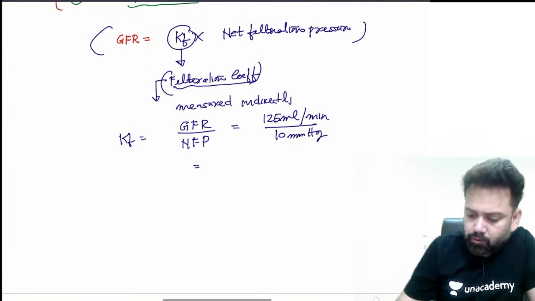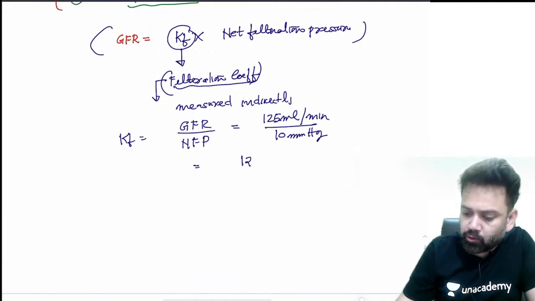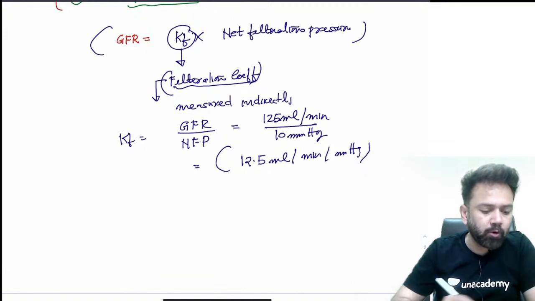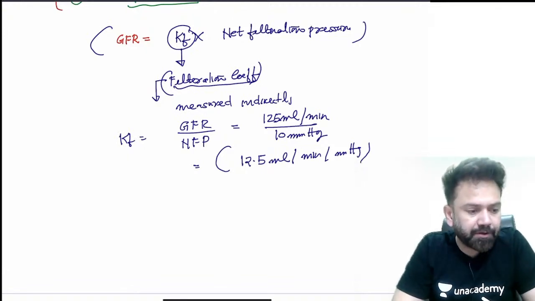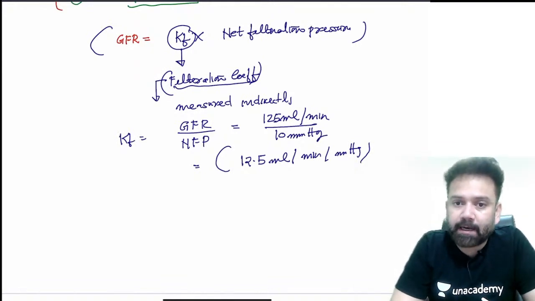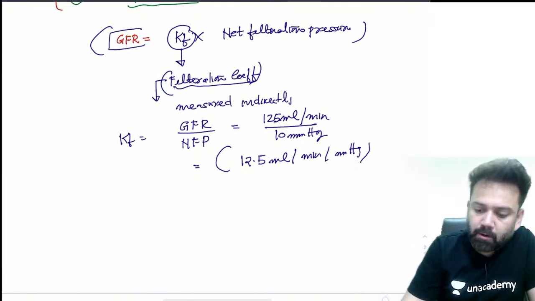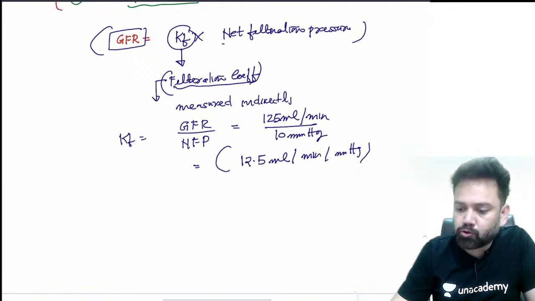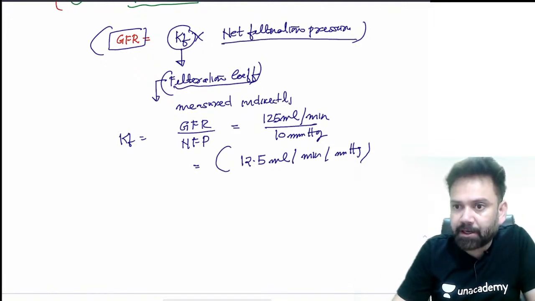So the value which you will get is around 12.5 ml per minute per mm of Hg. So this is the normal value of filtration coefficient, which cannot be measured directly but is calculated indirectly. For that you must know about GFR, and you must also know about net filtration pressure.